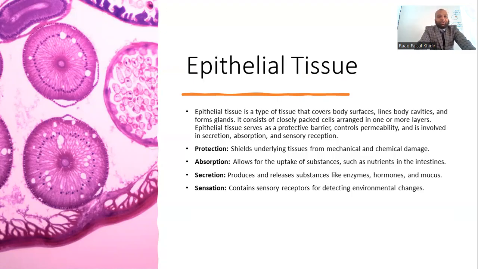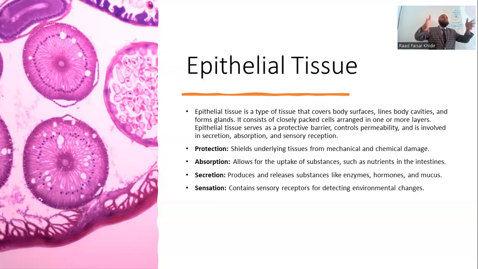Epithelial tissue is important for protection because it shields the underlying tissues from mechanical and chemical damage. And that is part of your innate immunity. When you learn the innate immune system, the first line of defense is your skin. It's like in a country, the first army that fights the invaders is not actually the police, the army, the navy and the air force.